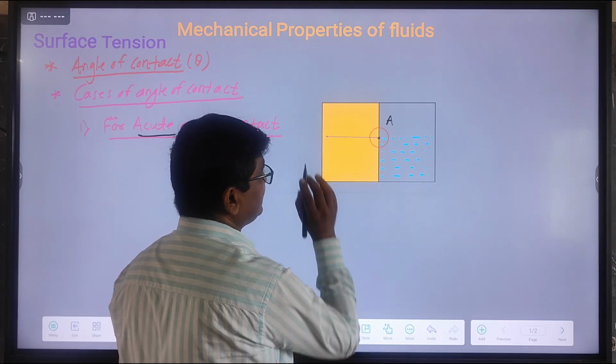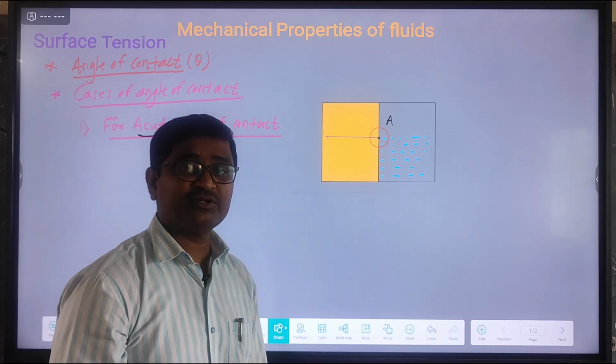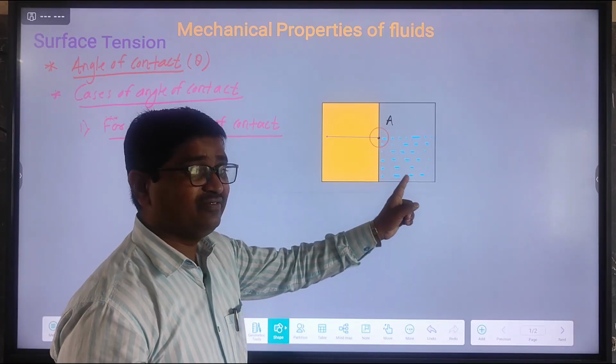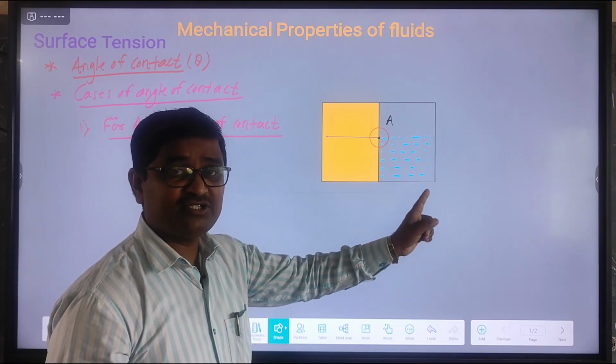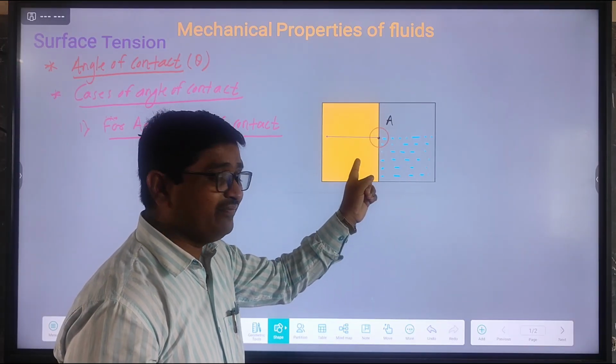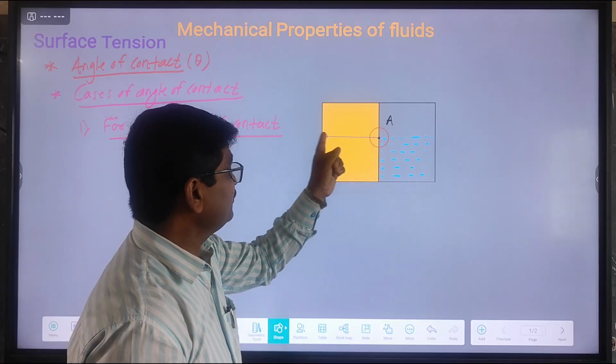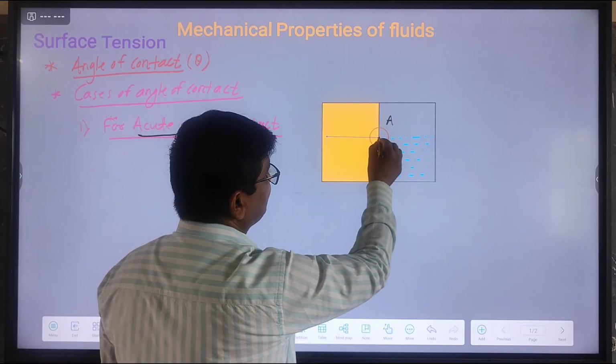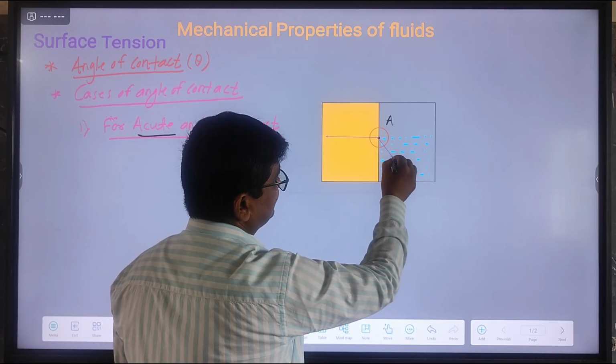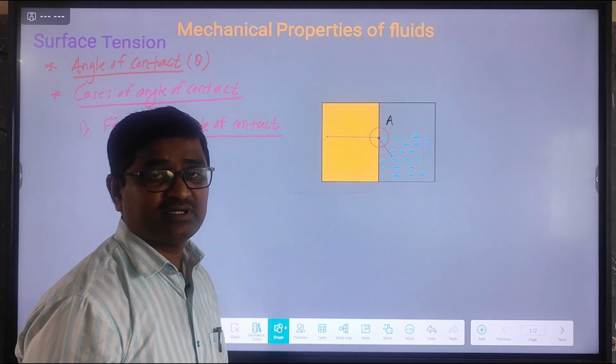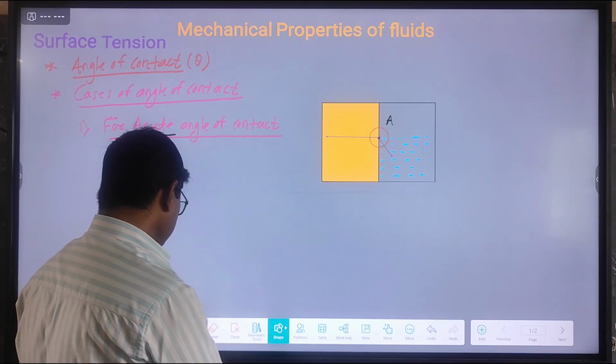So we know that kerosene partly wets the solid. It means adhesive force is greater than cohesive force.